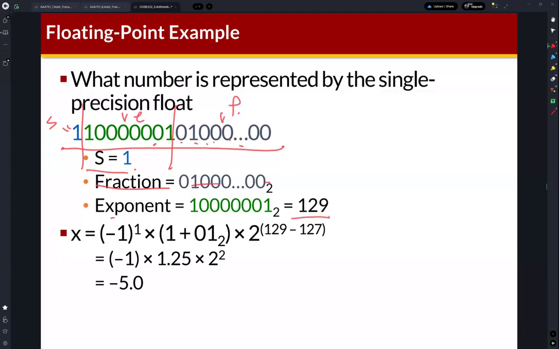But what is the actual exponent? 129 minus the bias. So this is very important. Okay, so it's 2. The bias is 127, right? So it's minus 1 multiplied by 1.25 multiplied by 2 to the power of 2. So this is the decimal number, right?